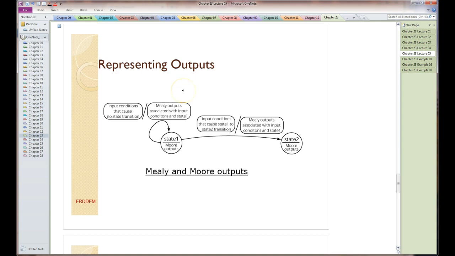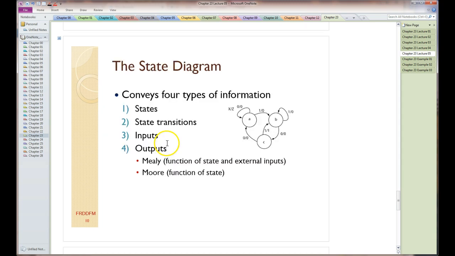So this is a state diagram with both types of outputs. The Mealy output is next to the external input, which is next to the transition. The Moore outputs are actually stuffed in the state. No issue against having both Mealy and Moore type outputs in the same machine. A state diagram gives four types of information: the states, which are the bubbles, the state transitions, which are the arrows, and the inputs and the outputs.